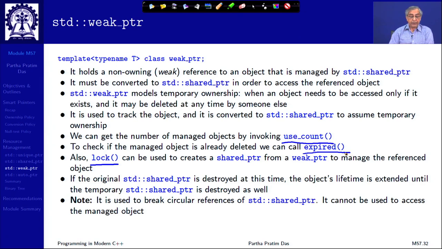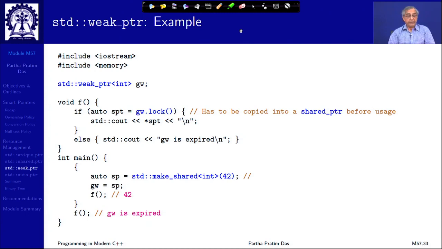If the object is no more existing, then for the weak pointer we can call the expired function and see whether the object is existing or the object has already expired. So, these are the different operations you can do. Here is a simple example.